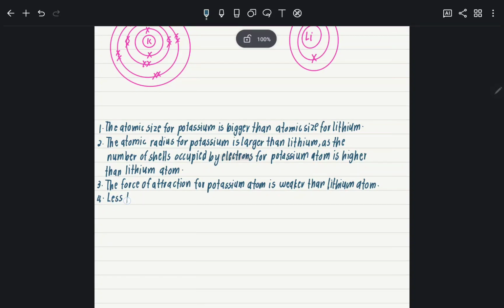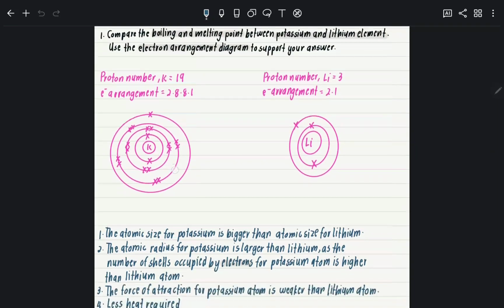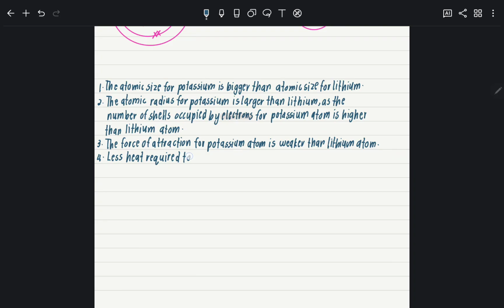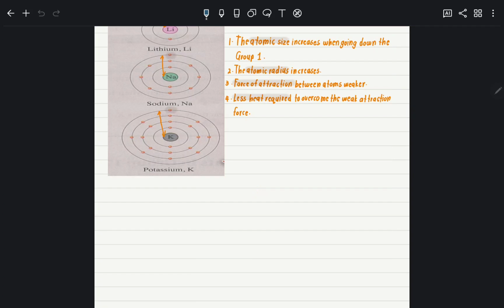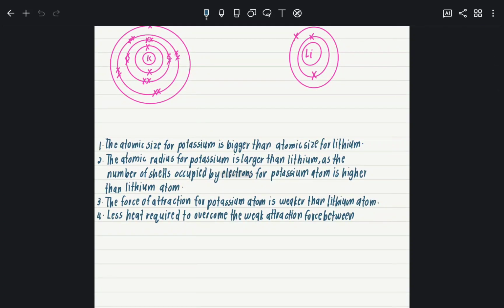So dah nama pun force of attraction weaker. So less heat required to, ni saya tulis kat sini ni, to overcome the weak attraction force.